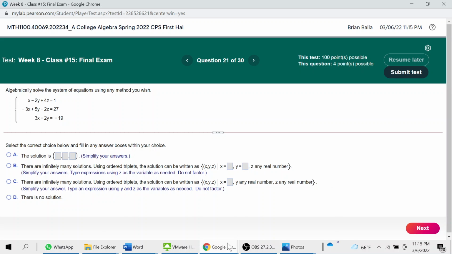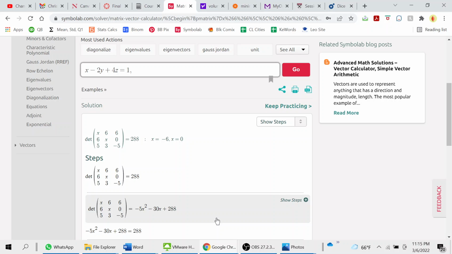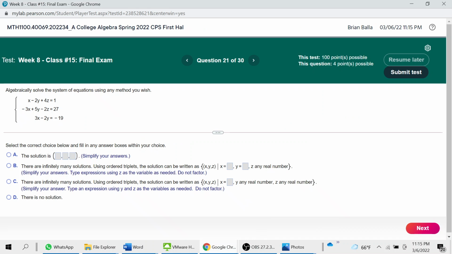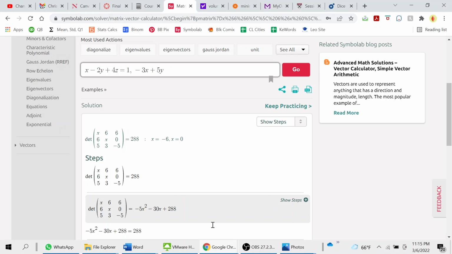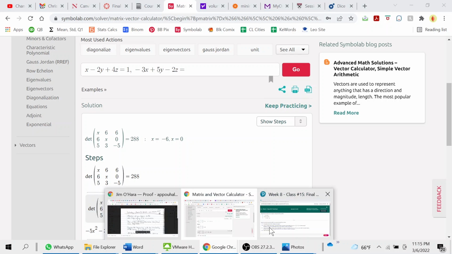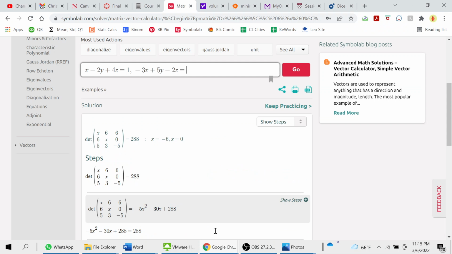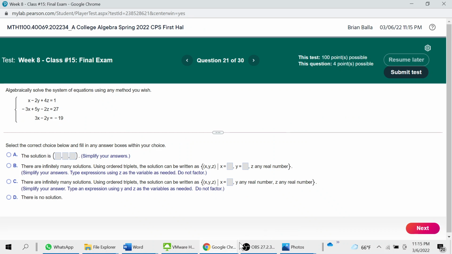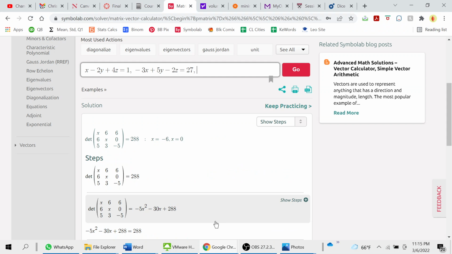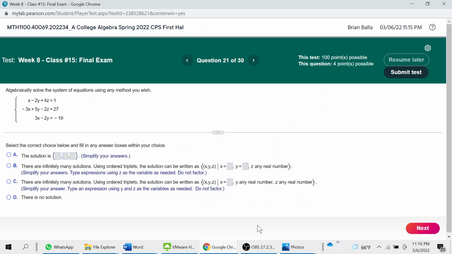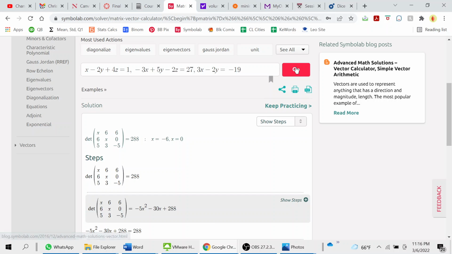Negative 3x plus 5y minus 2z equals 27. And 3x minus 2y equals -19. Okay, assuming I typed all this in correctly.